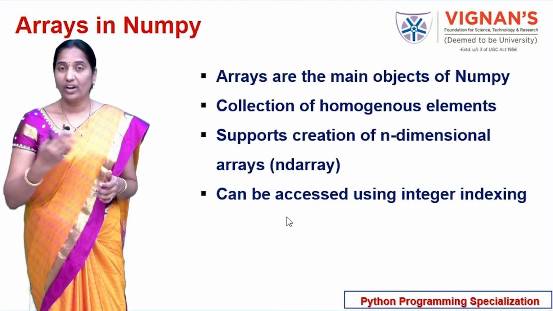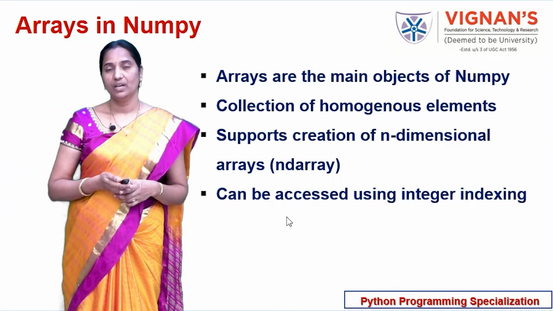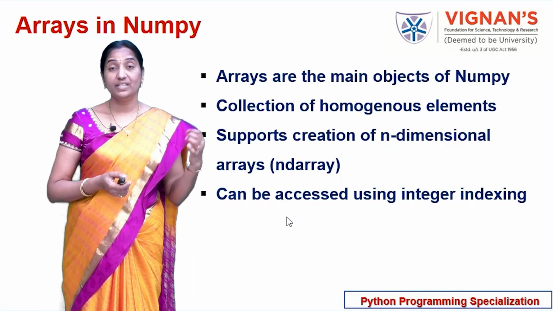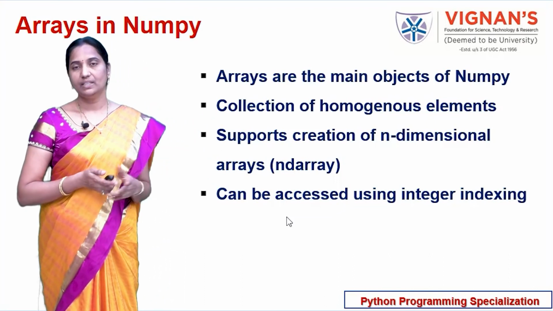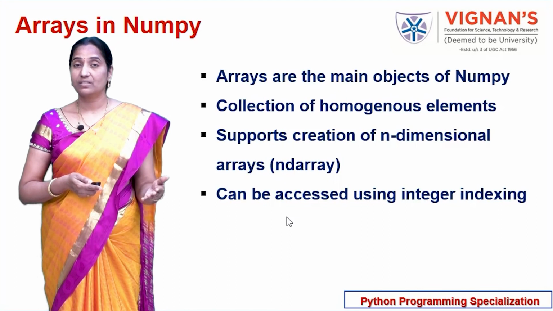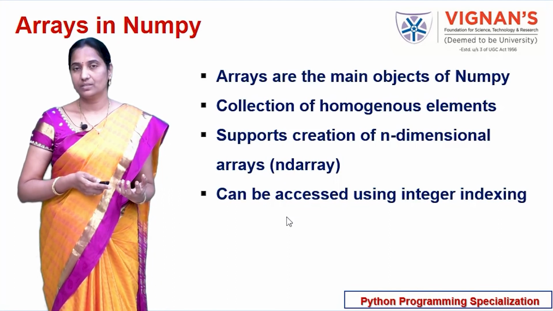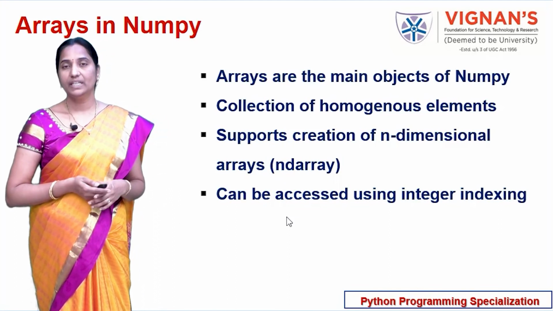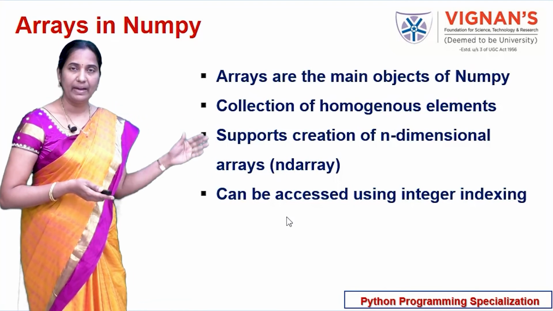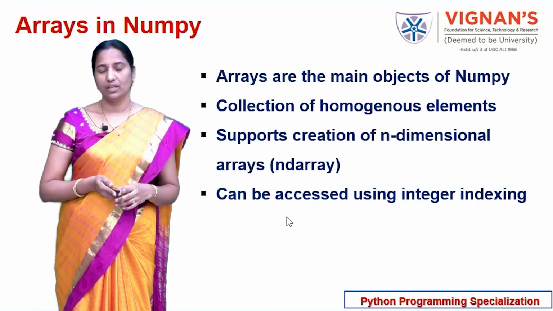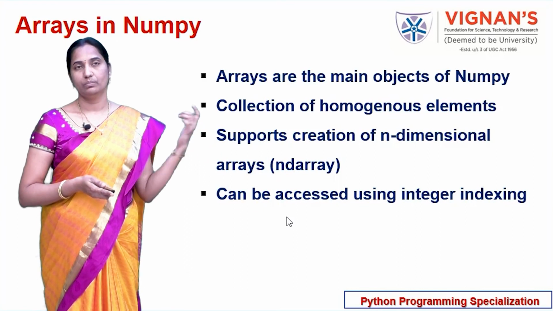The accessing or retrieving of the elements from the ndarray is very simple. You can simply use integer indexing. Just as you use integer indices to access the elements from a list, in a similar manner you can use integer indexing to access specific elements from the ndarray.